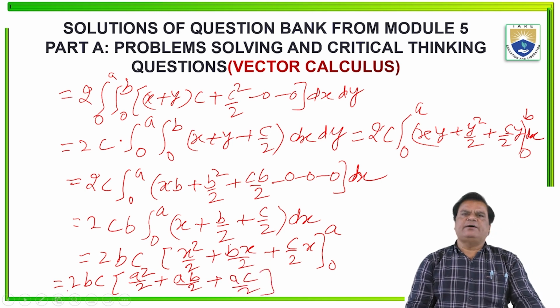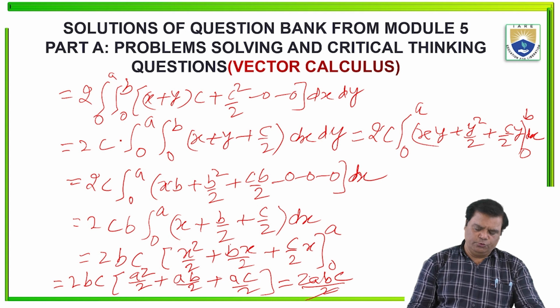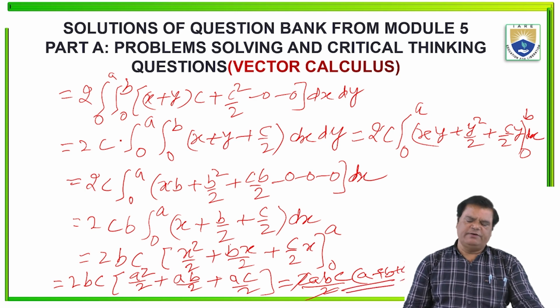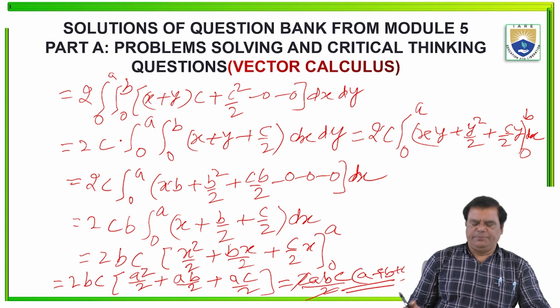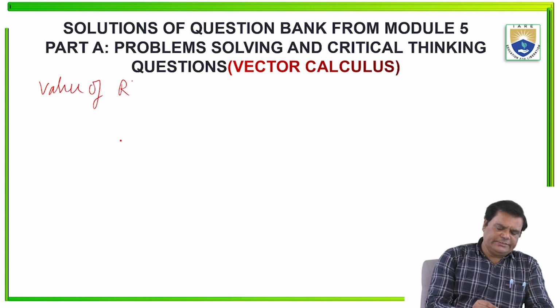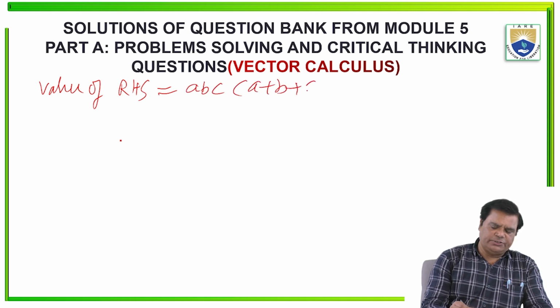Okay. a is common and 2 is common. So here 2abc by 2, 2 is cancelled, and here a plus b plus c. So this is the value of the right hand side. We get the right hand side value RHS equal to abc into a plus b plus c.